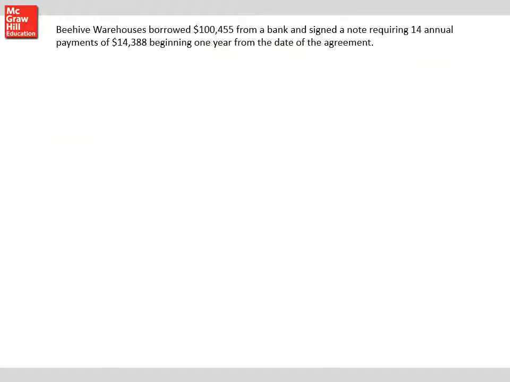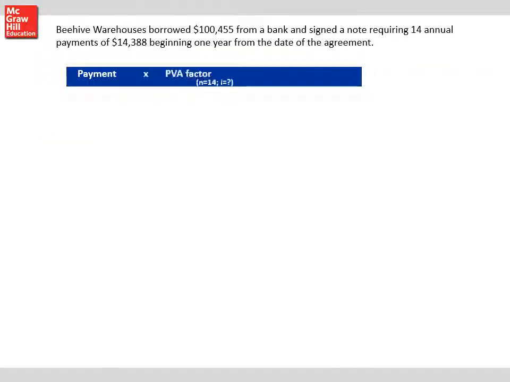All right. So the number of payments, the payments, times the factor, n equals 14, i equals who knows, equals the present value of the ordinary annuity amount. Well, we know the payment is $14,388. We don't know what the factor is.